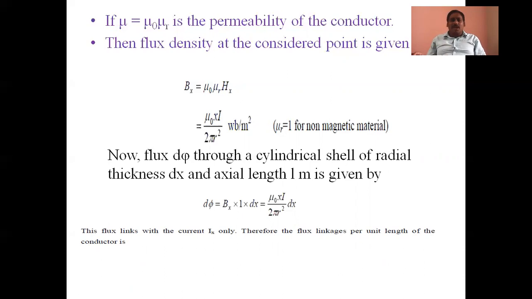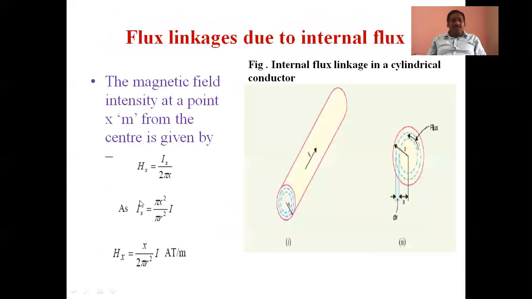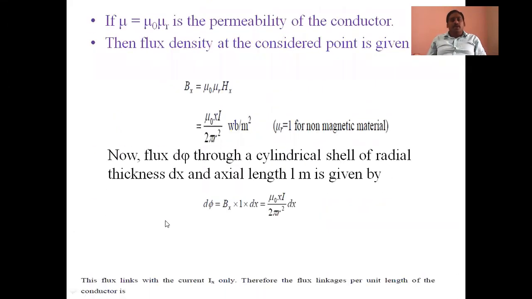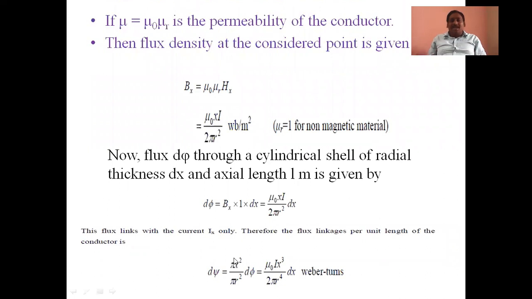Ix, we have already defined, is within the differential: πx² by πr² into I. That's why here, dψ means flux linkages. Generally the flux linkages can be represented as ψ = N·φ.